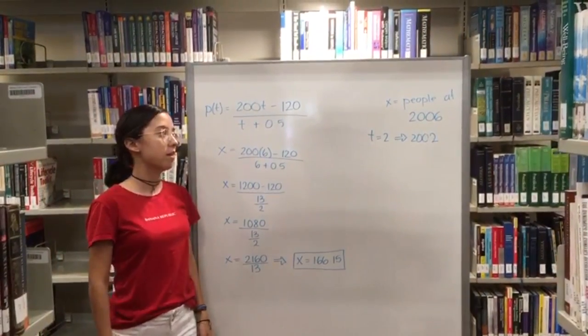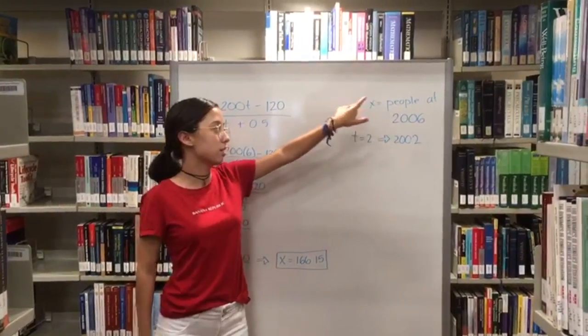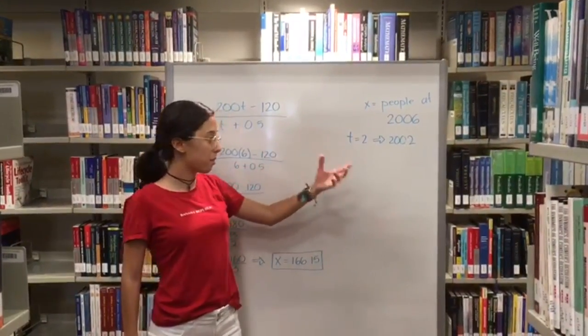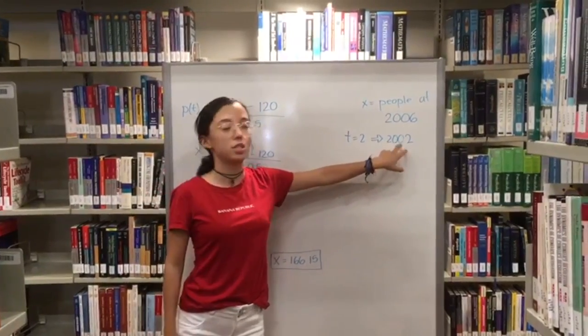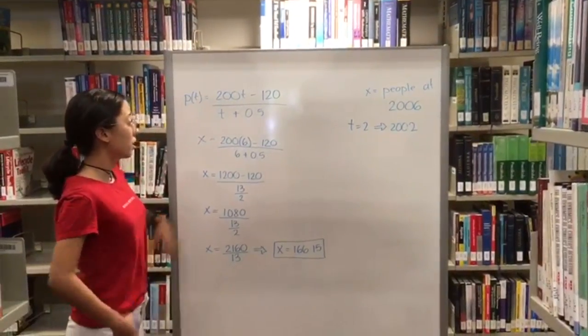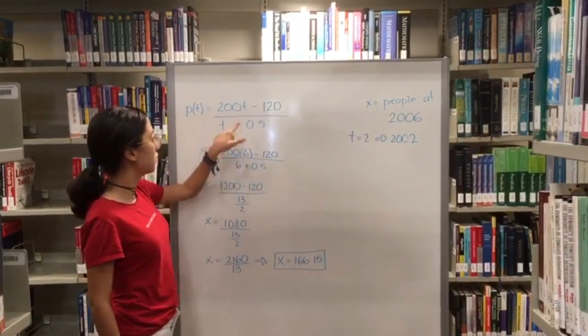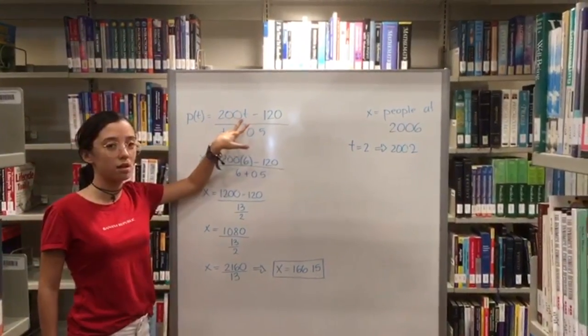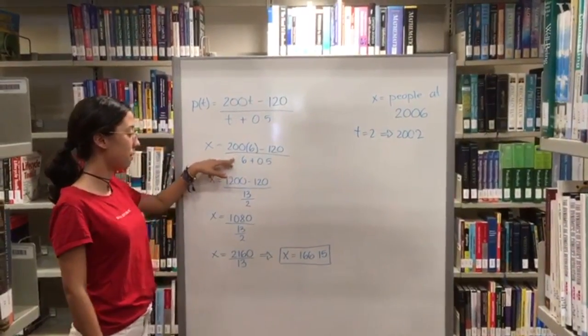So the next part says that we want to know the people that were there in 2006, and we represented this with x. Let's remember again that when t is equal to 2, it means that we are in year 2002. So here we have our function again, and we substitute the t that represents the year with 6.